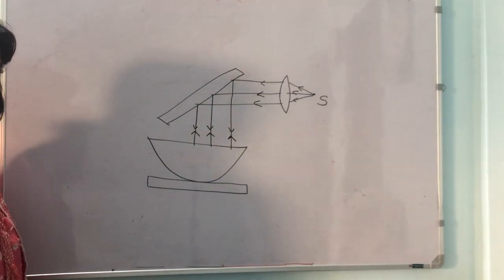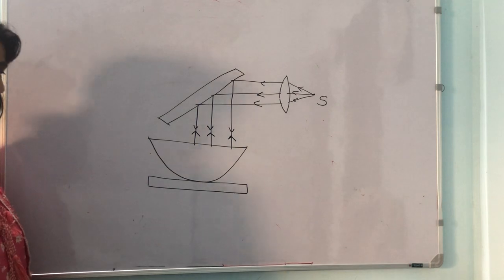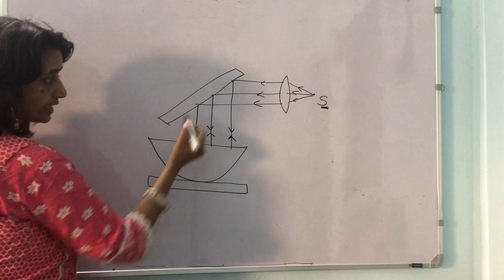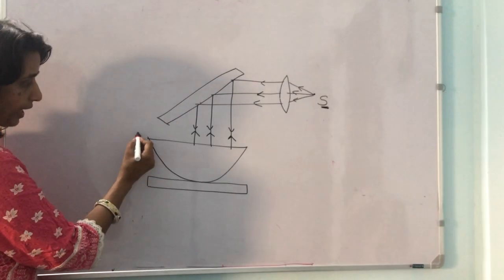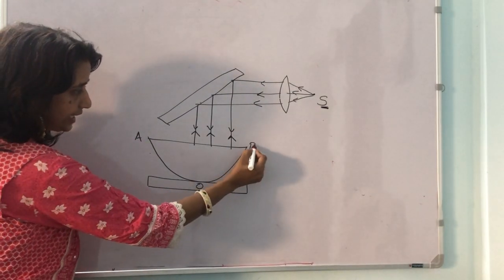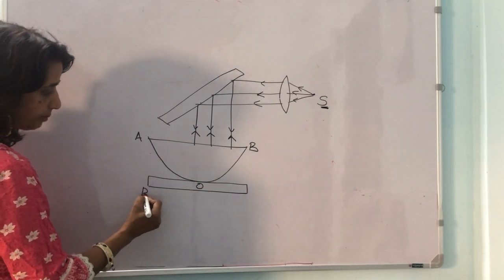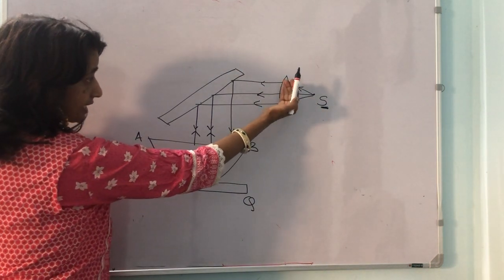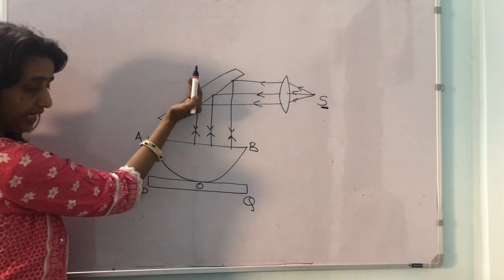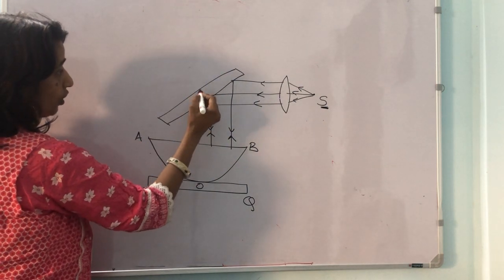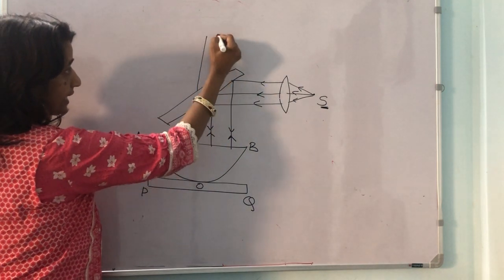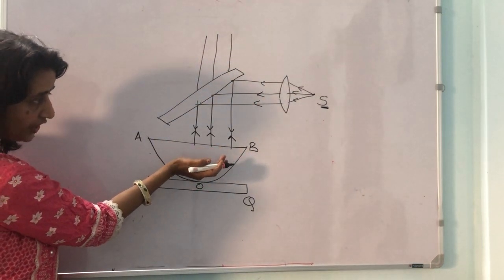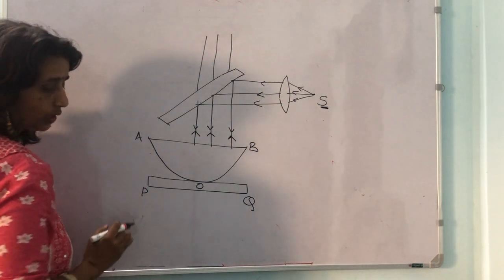So the necessary conditions for a fringe pattern to occur are a monochromatic source of light, coherent sources, and lastly a path difference between these rays. How are we going to get the path difference between these rays? One set of rays has come and dropped on this plain glass plate and is directly transmitted, and a few have dropped on the plano-convex lens, retraced their path, and are going up.